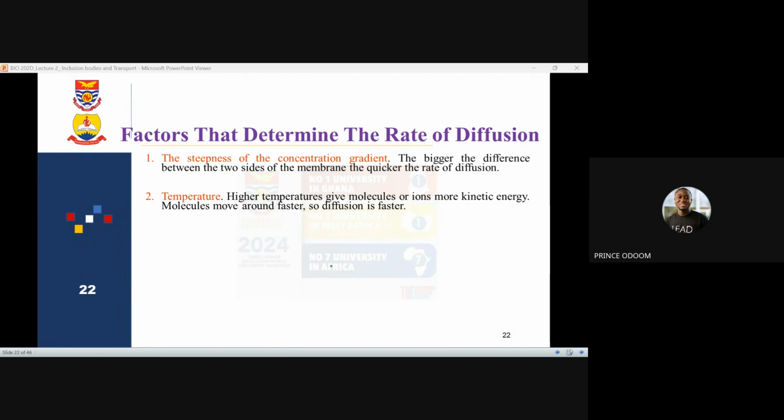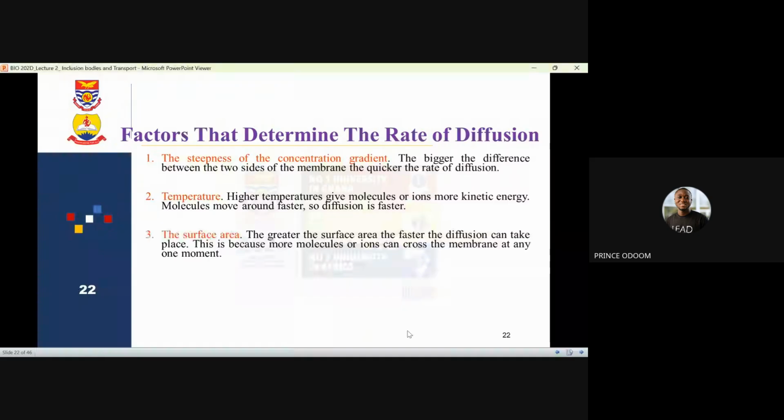You can try it in your home this evening: have cold water and warm water, the same quantity of salt and the same quantity of water. Then you realize that the warm or hot water is going to dissolve the salt faster than the cold one. It's just a result of the kinetic energy movement of the molecules.